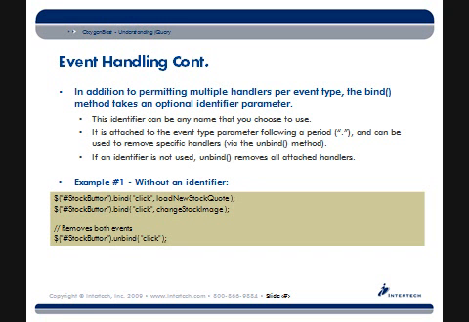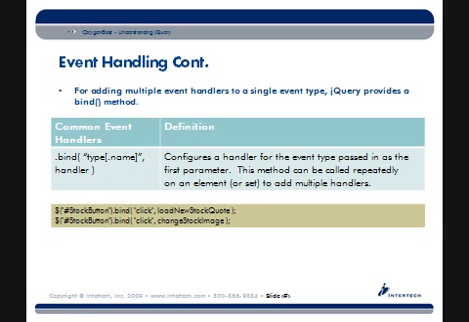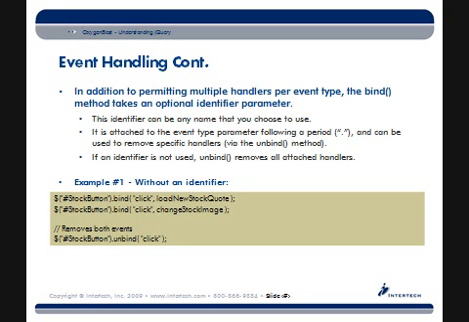So let's look at the example if we don't use this .name parameter. If I go back here, you'll notice I've got an optional syntax where I can call bind, I can say the name of the type, but I can also add .name. So what's the purpose of that .name? It's really for managing when you want to add and remove programmatically specific event handlers.